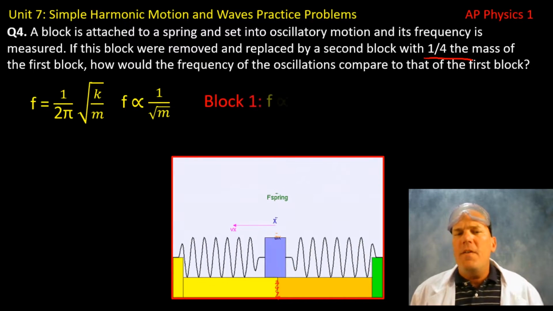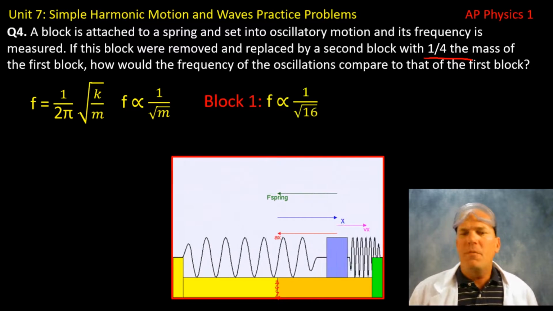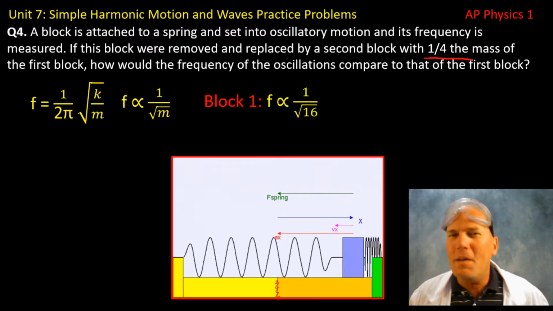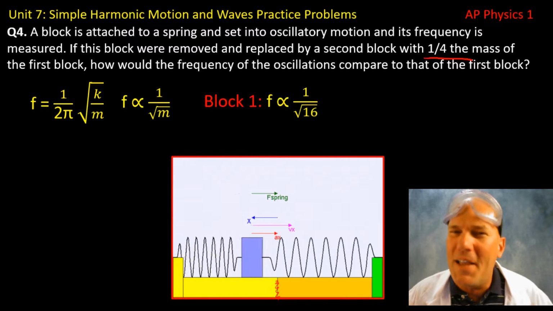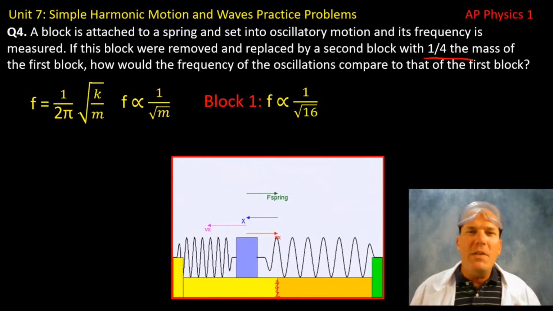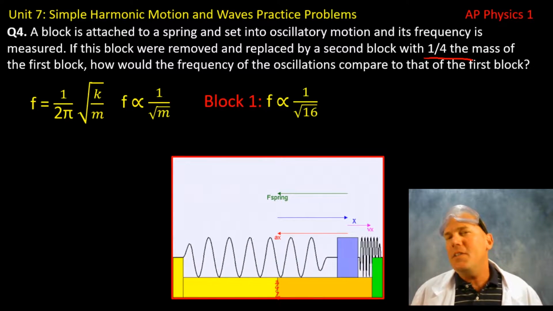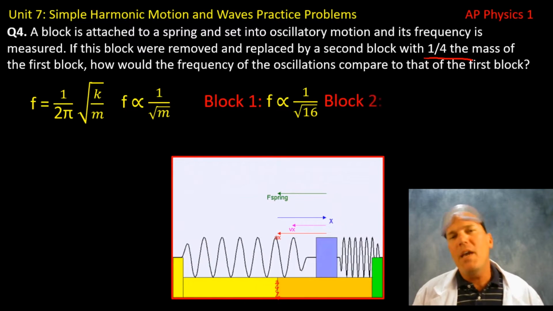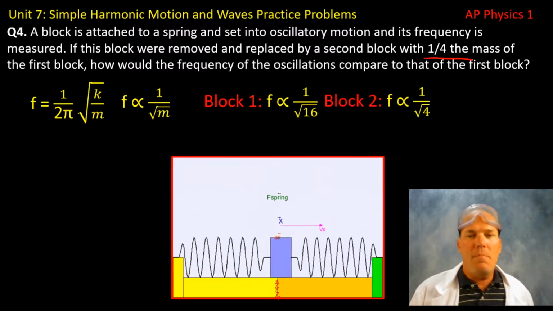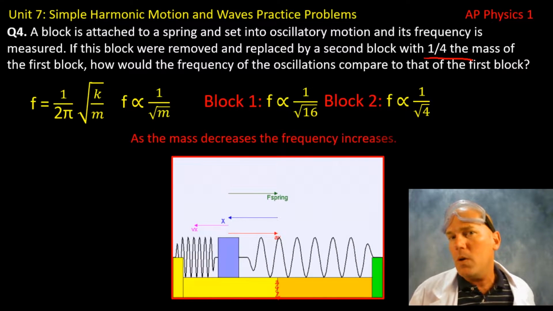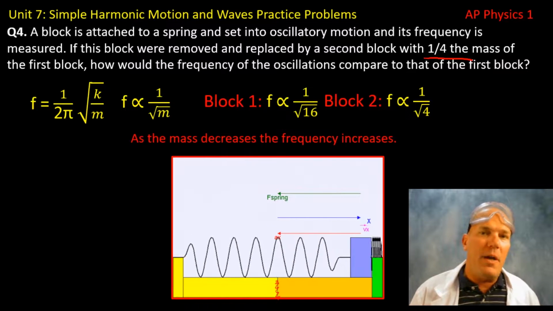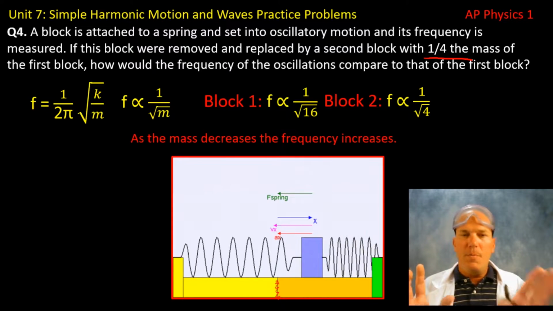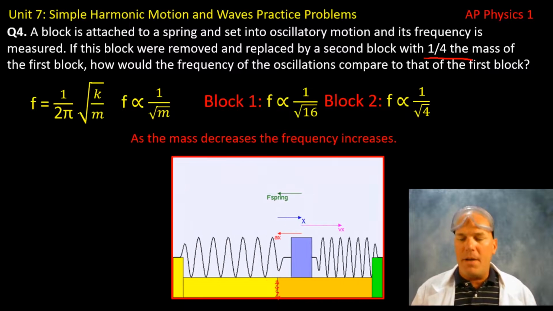So if the first block was, say, 16, remember, we can make up numbers to help conceptualize a problem. There's no reason why not. If we had a mass of 16 for block 1, the mass of block 2 is 16 divided by 4, which is 4. So we have these proportionalities set up for us to compare.